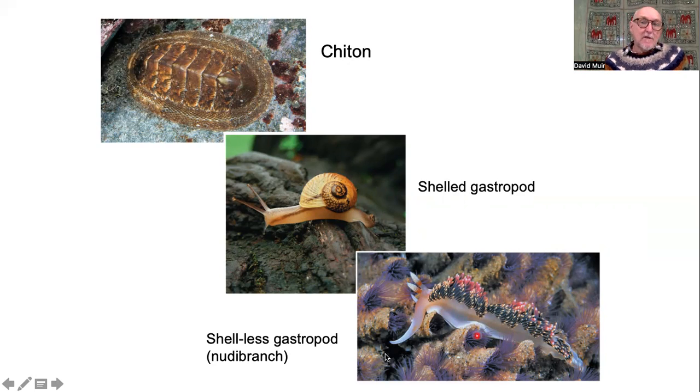Now, if you want to treat yourself, just go to Google Images or Instagram and look up nudibranch and have a look at people's spectacular pictures of different nudibranchs, which are a marine group of shell-less, slug-like gastropods. The slugs that we get on land are also gastropods in the same way. They have lost their spiral shell.